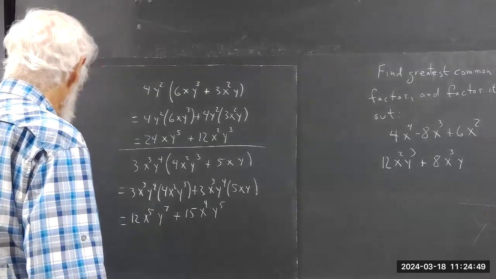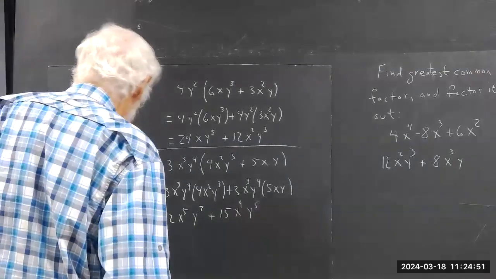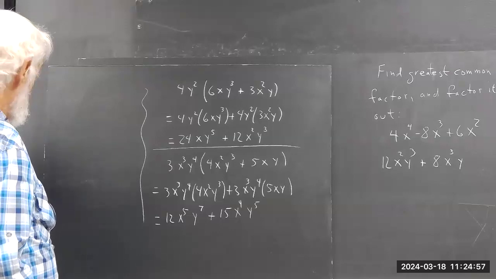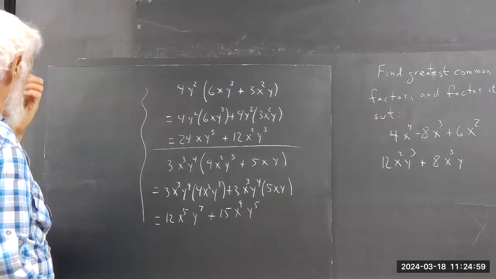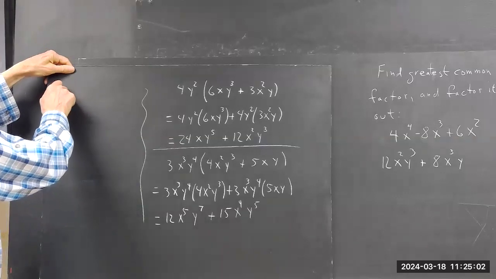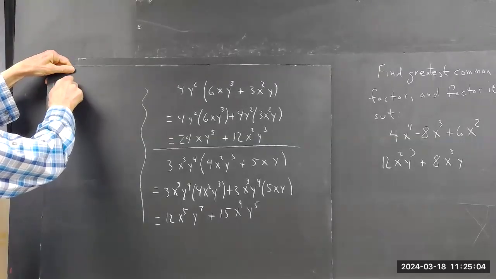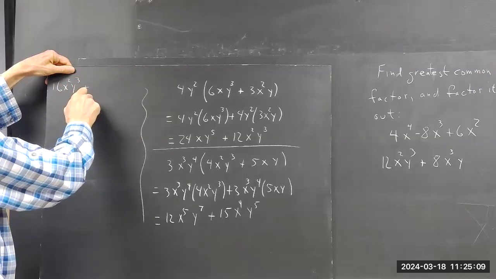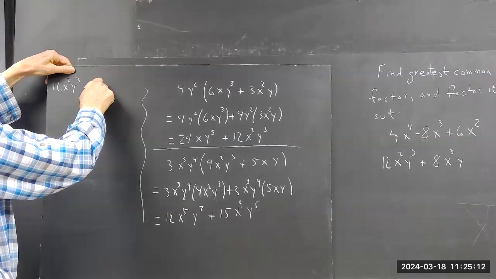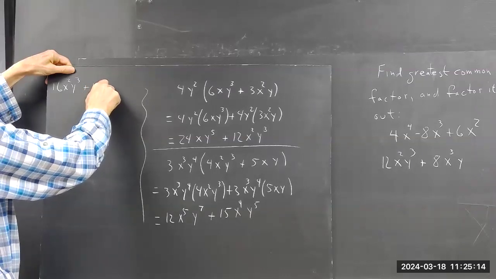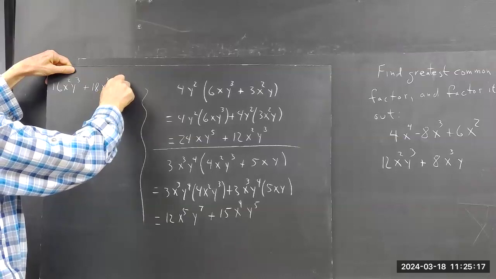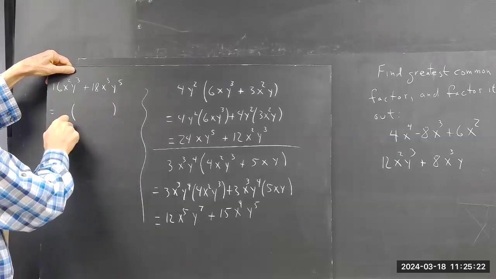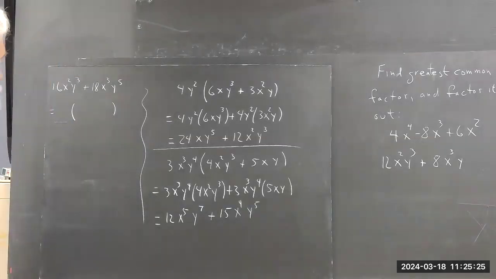Okay, well, now that we hopefully have the gist of this, let's try writing 16 x squared y cubed plus 18 x cubed y to the fifth as a product of some term and something else.